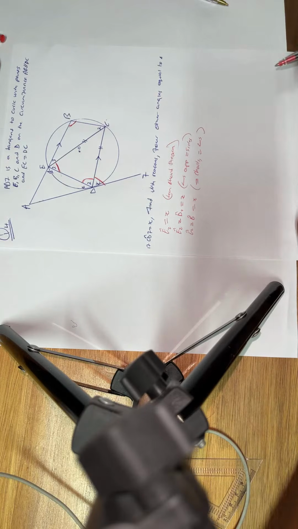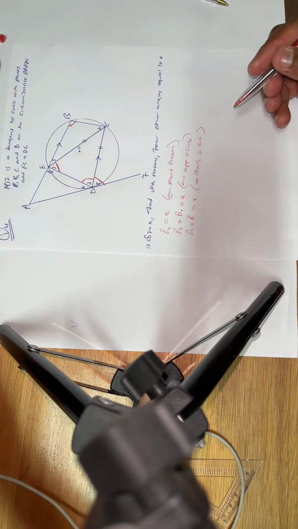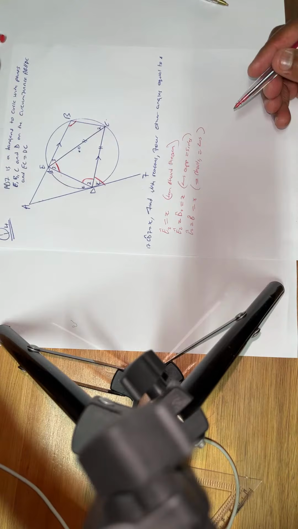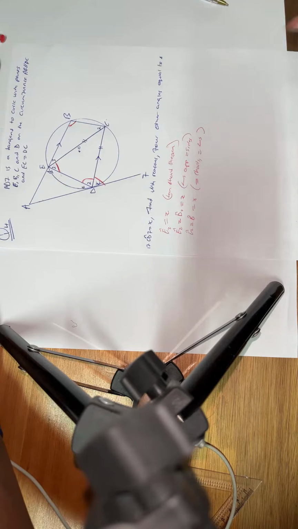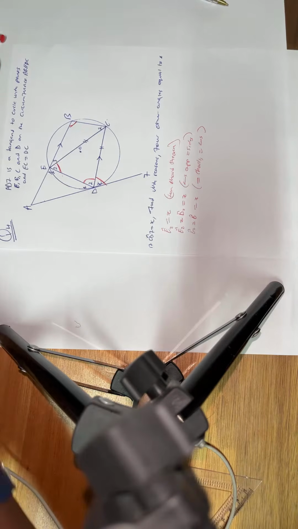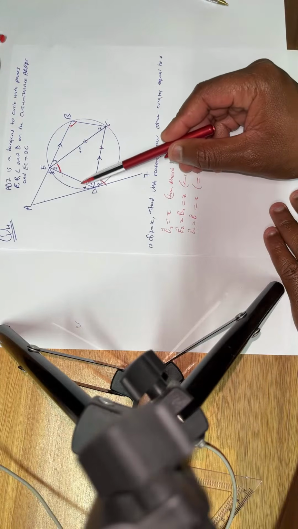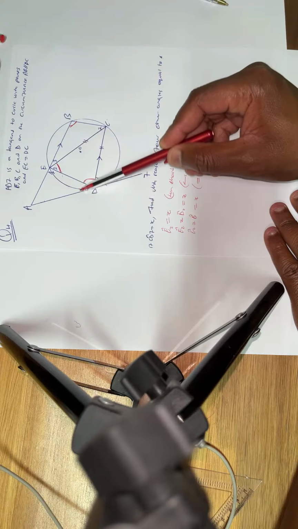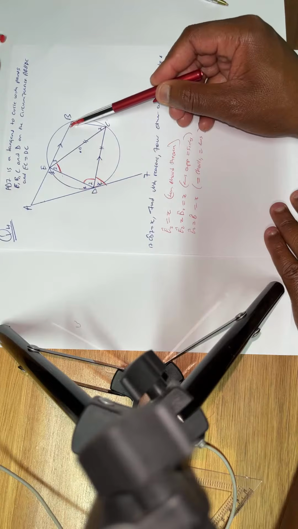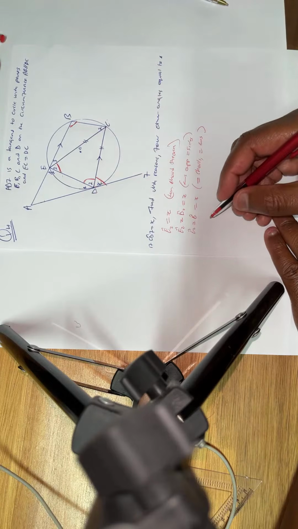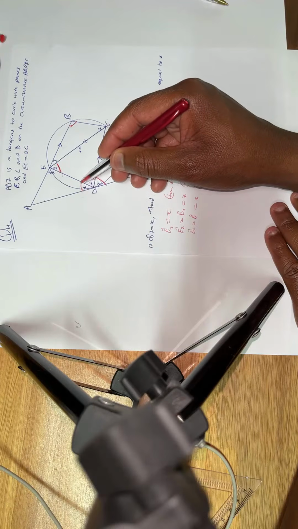So they said we need to find 4 of them. So the last one in this case will be the exterior angle of a cyclic quad, because we know that this angle D1 is equal to angle B. Okay, so now we're going to use this angle D1.